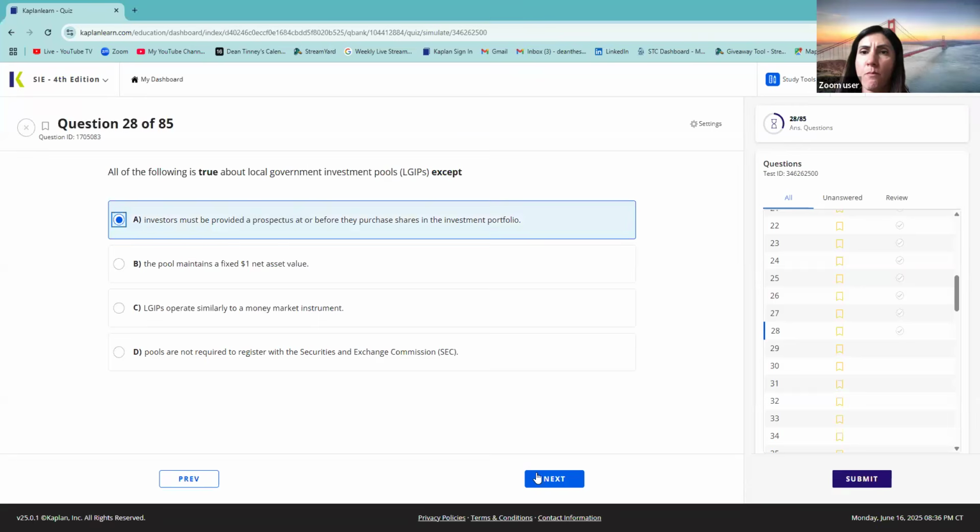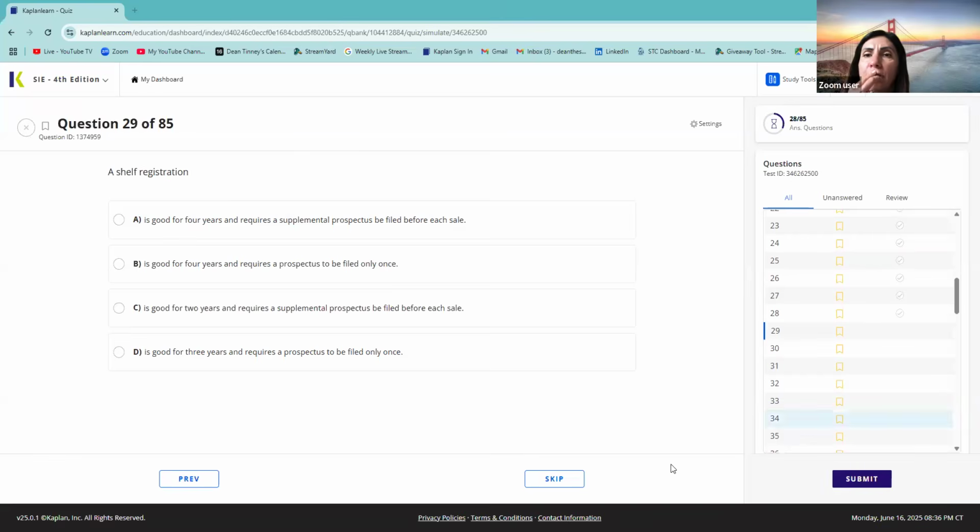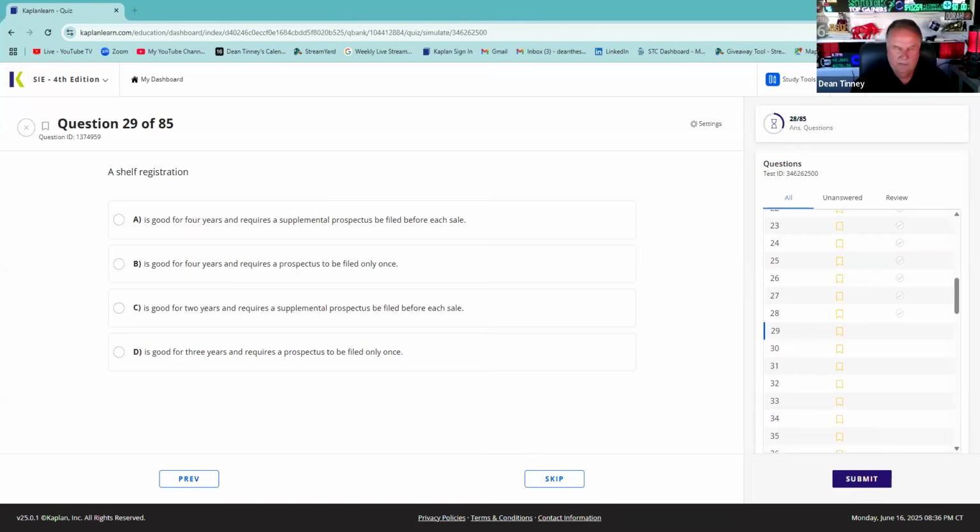Right. So a shelf registration is good for, I think, 3 years. Depending on what kind of firm you are, it depends on whether it's 3 years.